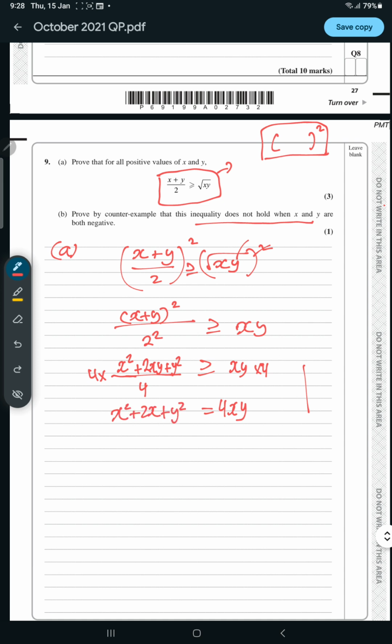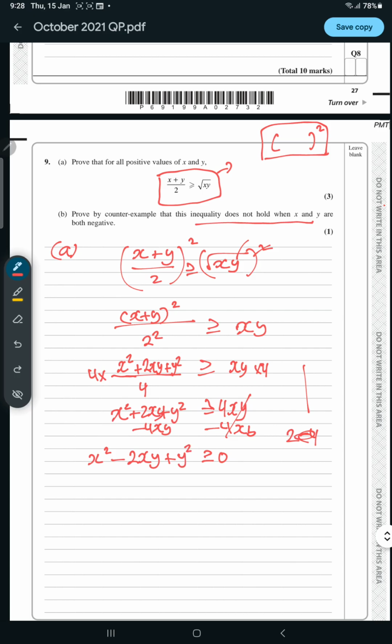Now we can minus 4xy on both sides, and in order to simplify, we can take things to the left hand side. So 2 minus 4 is going to give us minus 2xy, plus y squared.